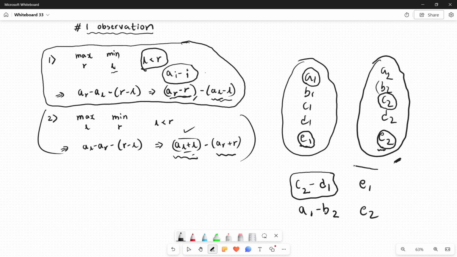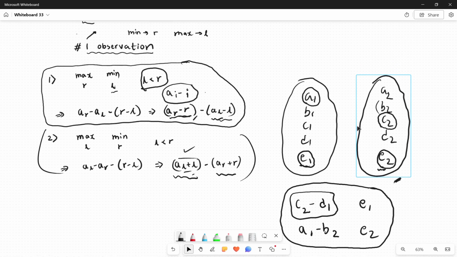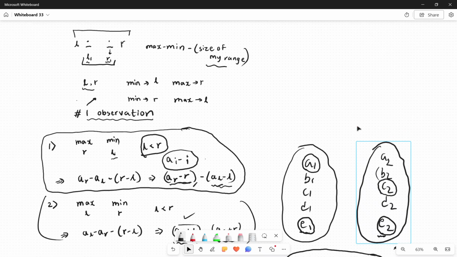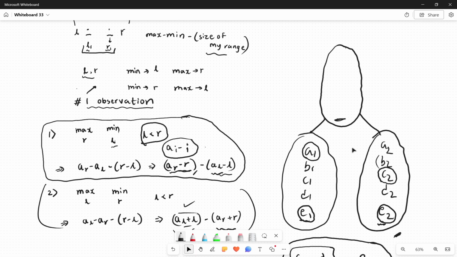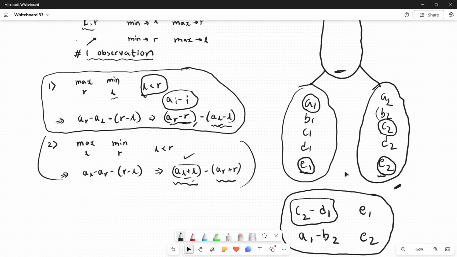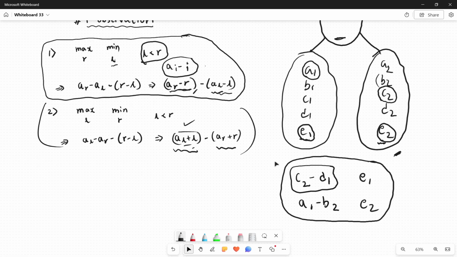So I will take the maximum of all of these and put it as the fifth argument of this merged node. Makes sense, right? So the fifth argument would be the answer, and it will be the maximum of these four things.